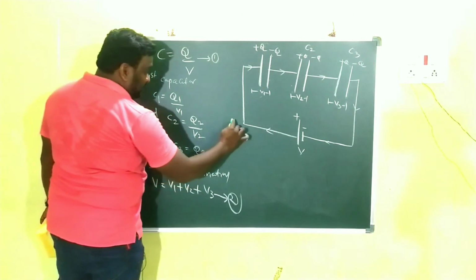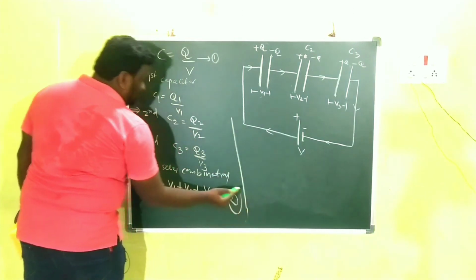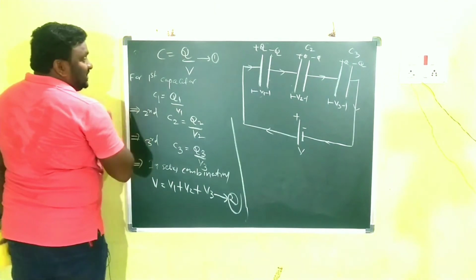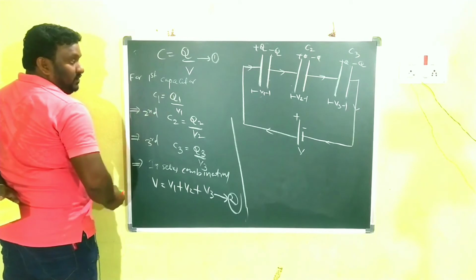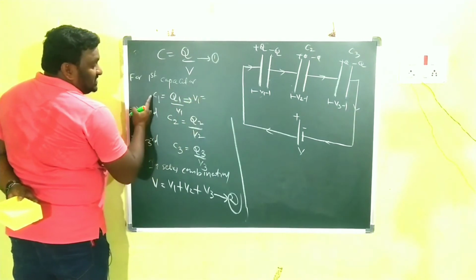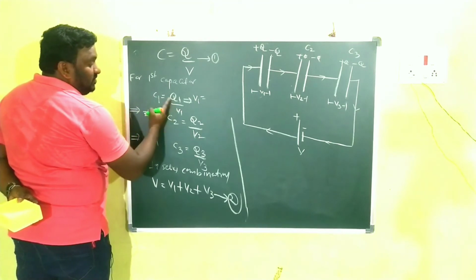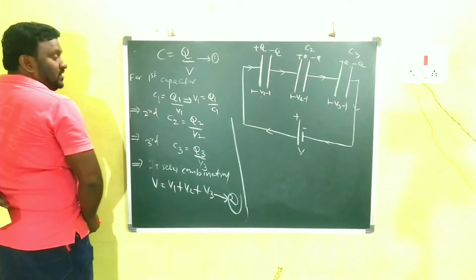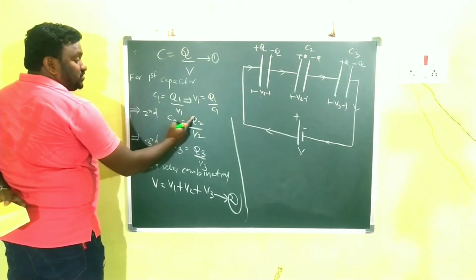Now you have to substitute the V1, V2 values. Here C1 is equal to what, right? Q1 by V1. From that I am writing V1 is equal to Q1 by C1. Clear? And C2 is equal to Q2 by V2.